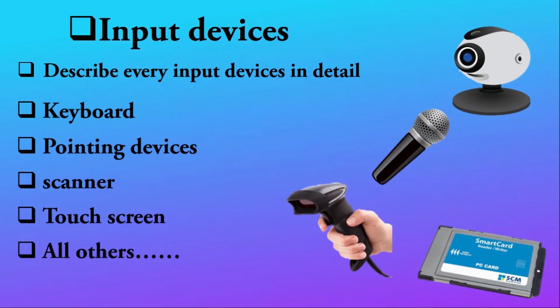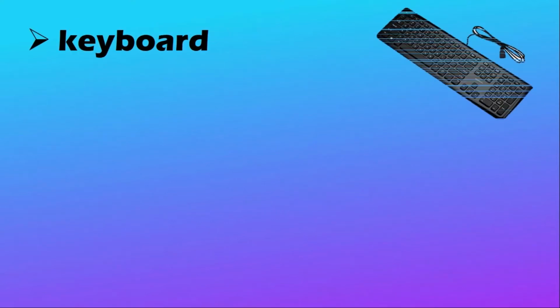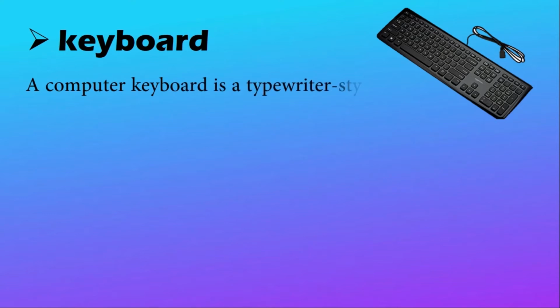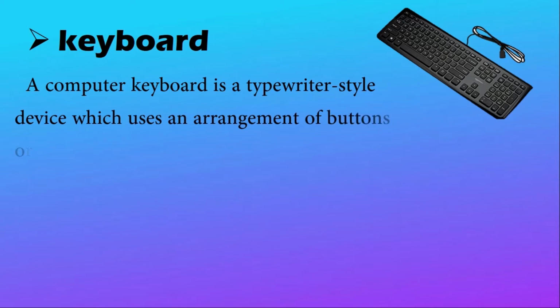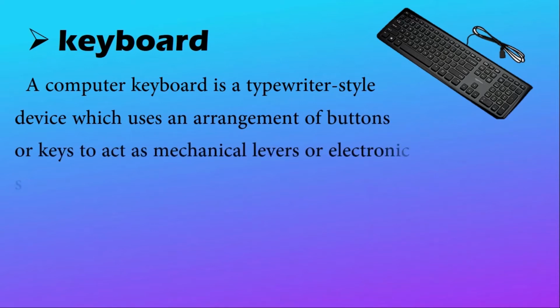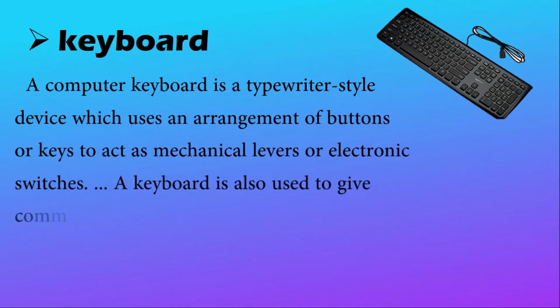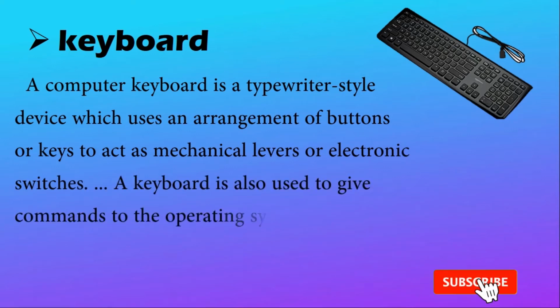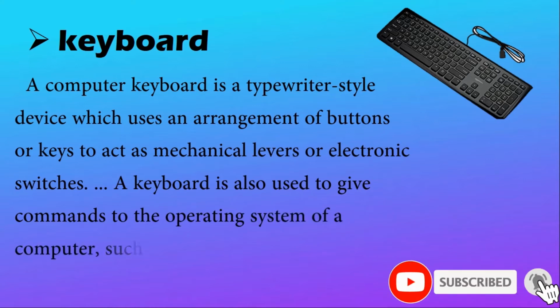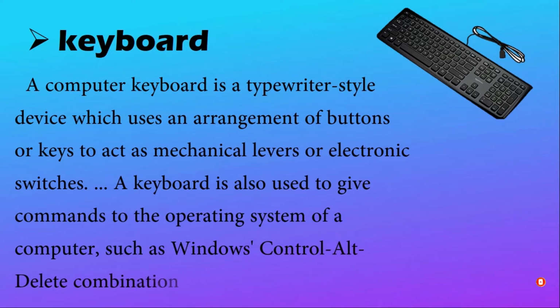So let's start. Keyboard. A computer keyboard is a typewriter-style device which uses an arrangement of buttons, switches, or keys to act as mechanical levers or electronic switches. A keyboard is also used to give commands to the operating system of a computer, such as Windows, Control, Alt, Delete combinations.